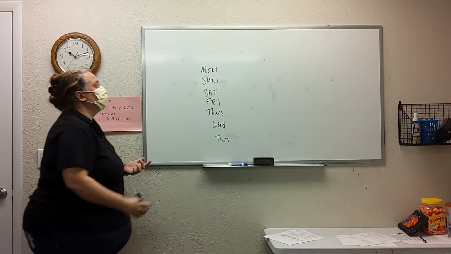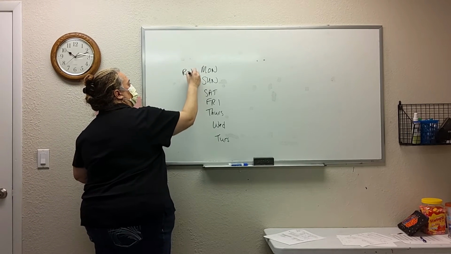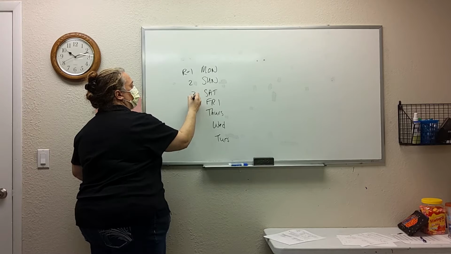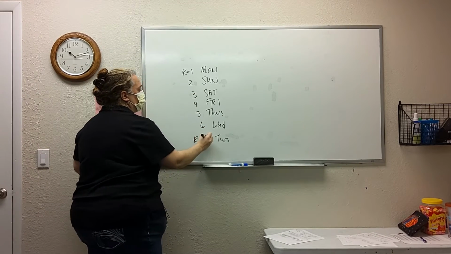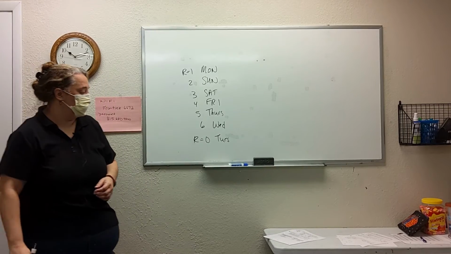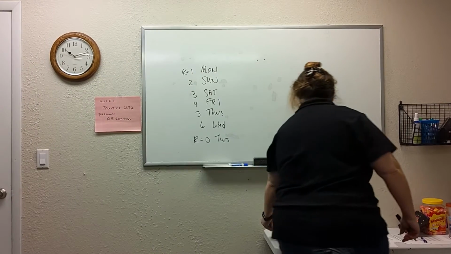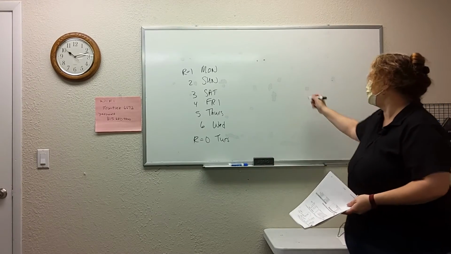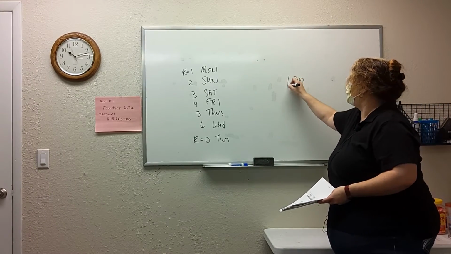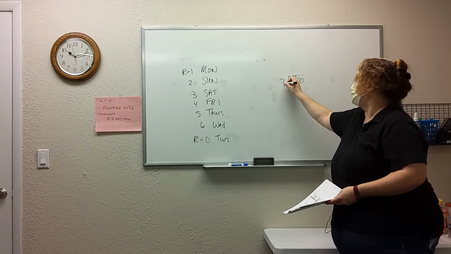Just to help myself out, I know this is going to be remainder 1, 2, 3, 4, 5, 6, and then my last row is remainder 0. So it's 200 days ago. I'm going to take the big number in my problem, which in this case is 200, and divide by the number of things in my pattern, which is 7 days in a week. 7 into 200 goes twice. 2 times 7 is 14.